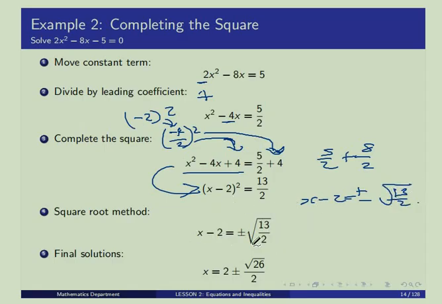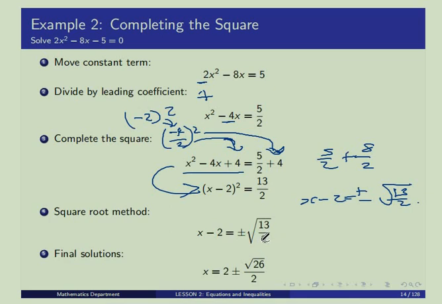So you get this, and then the final solution, you can take this guy to the other side, you will get 2, and then you can simplify this.